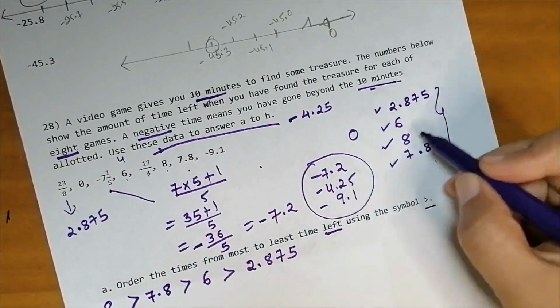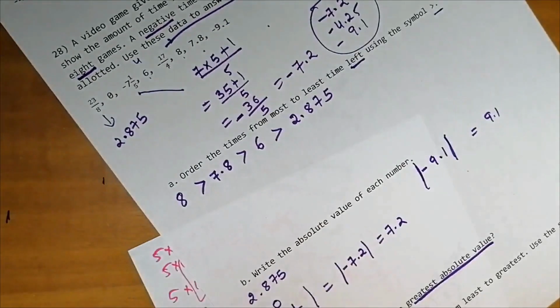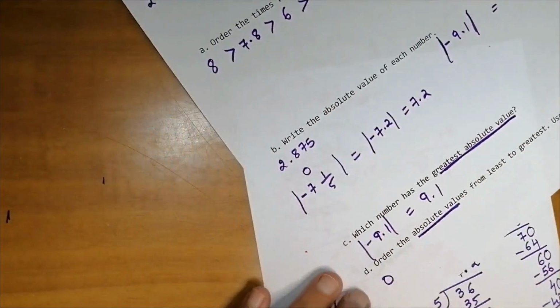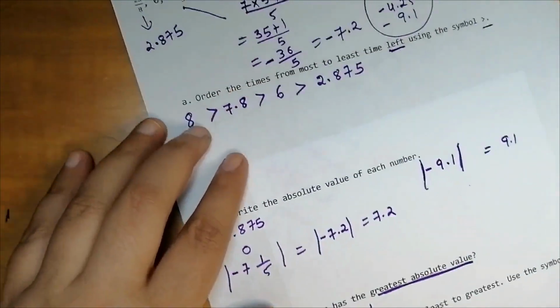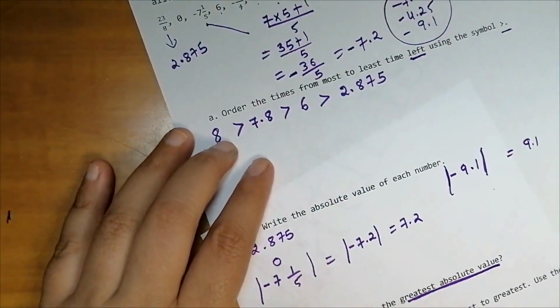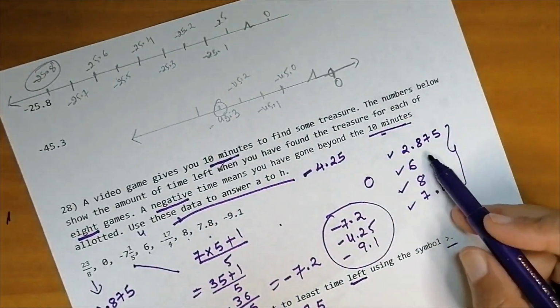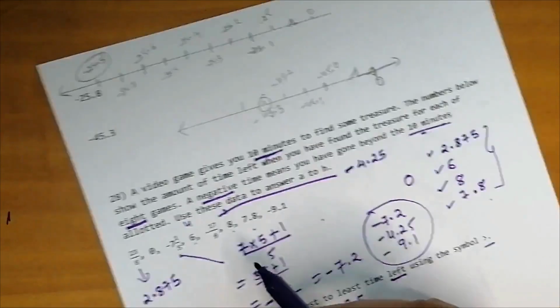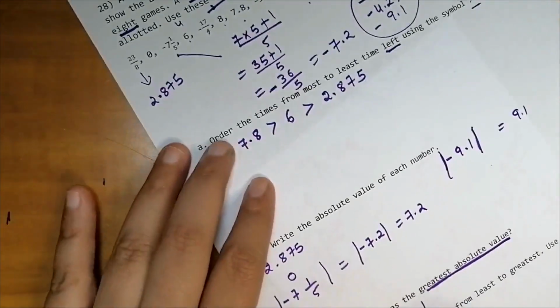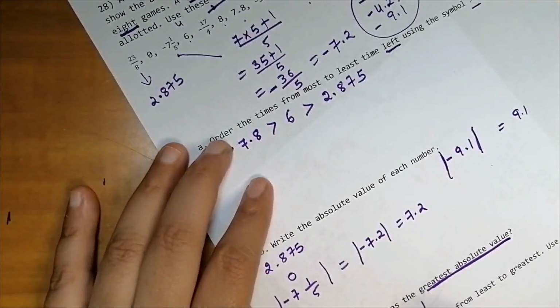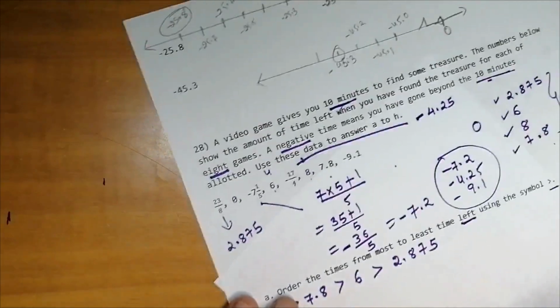So all this negative and positive, we're going to treat them together, and this will start with 0, right? We'll start with 0, and then 0 is less than. Now from these, which is the smallest one? 2.875, which is the value of 23 over 8, right? 23 over 8 less than.